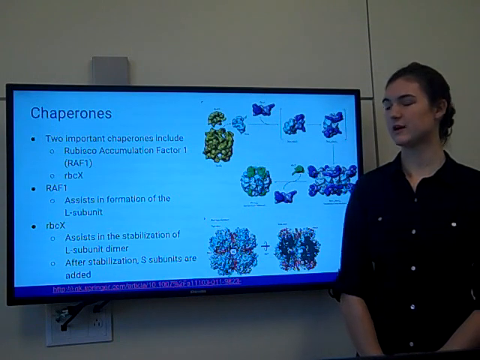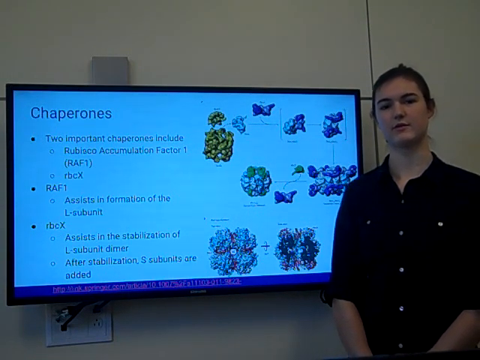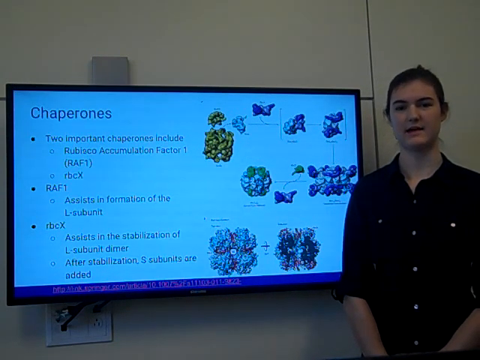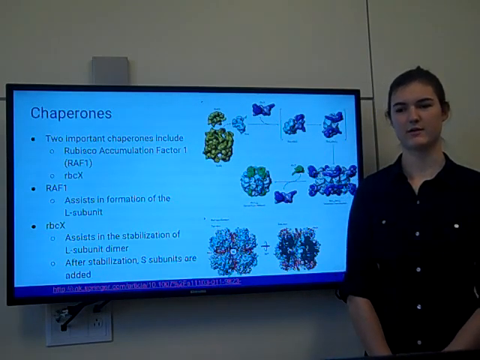2 important chaperones for the formation of Rubisco are the Rubisco accumulation factor 1, or RAF1, and the RBCX. They're kind of redundant, but they're important in order for Rubisco production to be efficient.